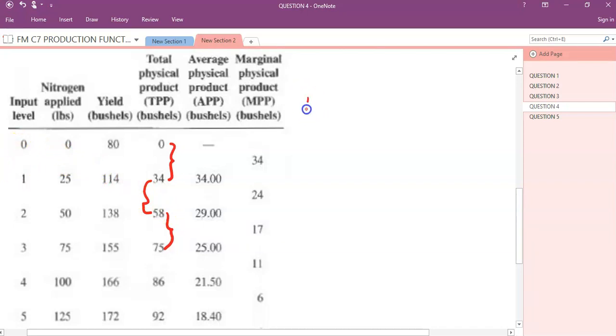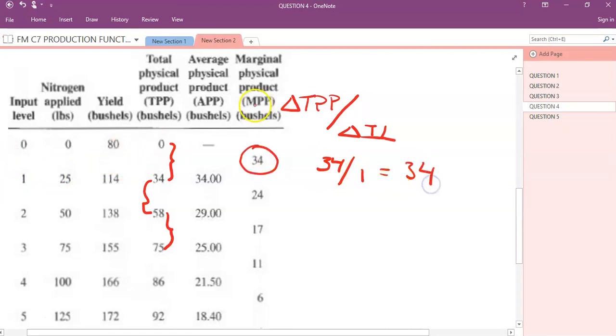So the change in TPP divided by the change in IL, input level. In the first one, the amount of change is 34, divided by the change in input level, 0 to 1, so it changes by 1, equals 34.